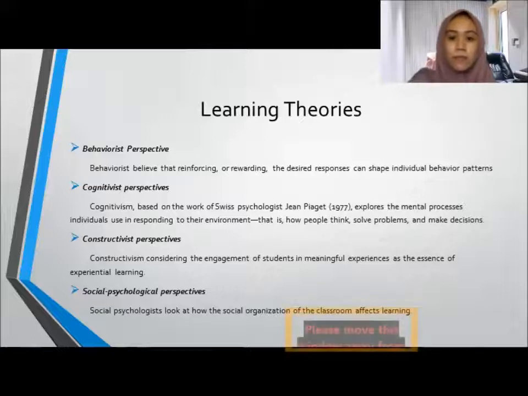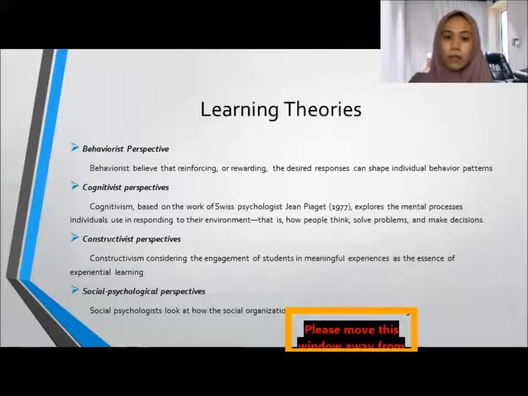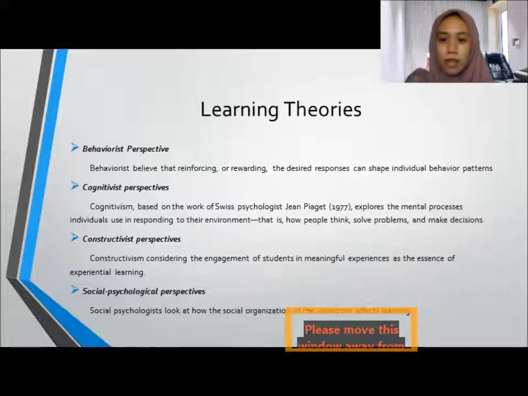And then the second perspective is the cognitivist perspective. Cognitivists, based on Jean Piaget, a Swiss psychologist, explore the mental processes individuals use in responding to their environment. That is how people think, solve problems, and make decisions.